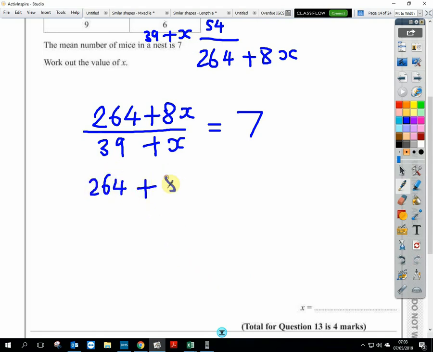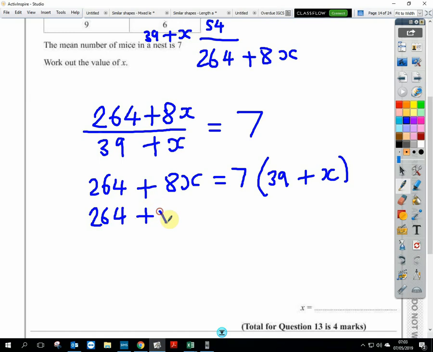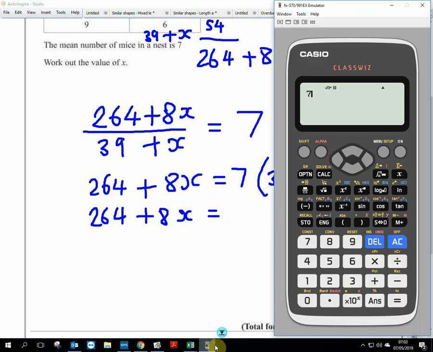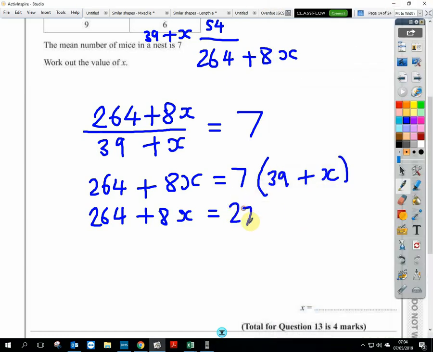So 264 plus 8x equals 7 multiplied by 39 plus x. And then we expand the brackets, so we have 264 plus 8x equals, what's 7 times 39? 273 plus 7x.